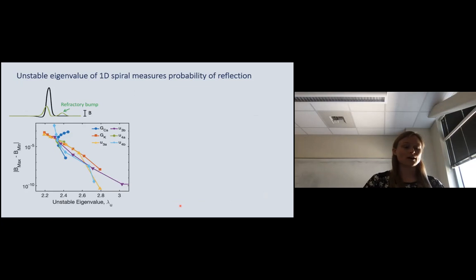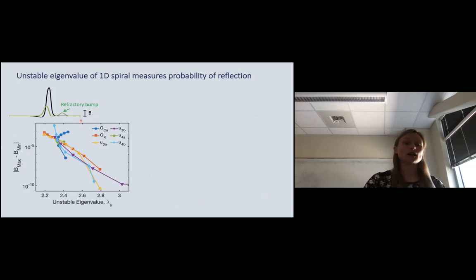To first show that this unstable eigenvalue of the 1D spiral actually gives a measure of the probability of reflection, we repeated that refractory bump experiment as we change all of those different system parameters. On the vertical axis, I'm showing you the difference in the B values that actually generate a reflection.